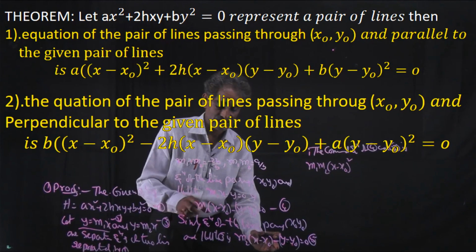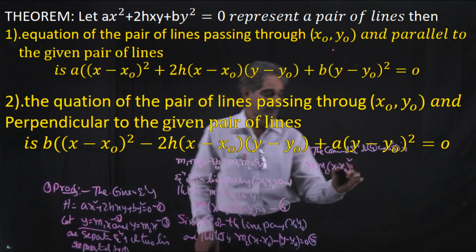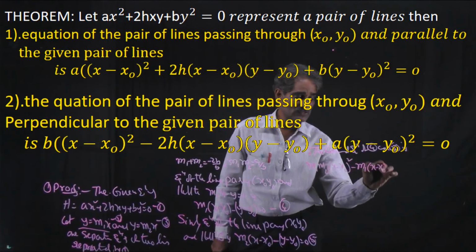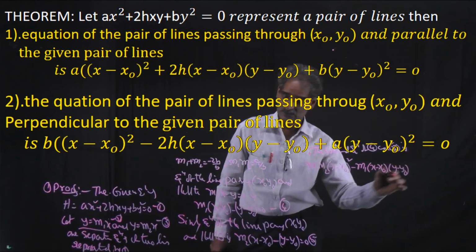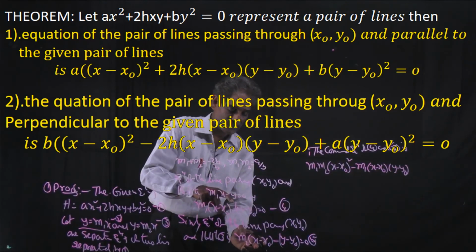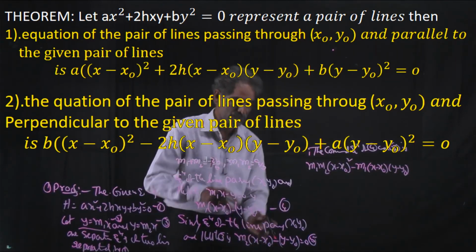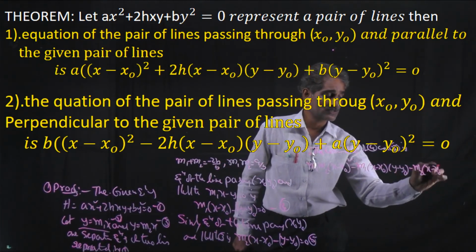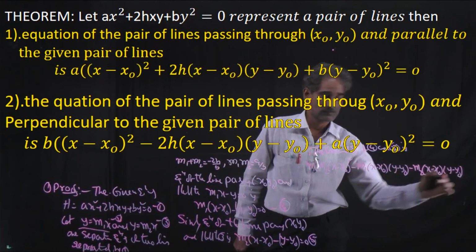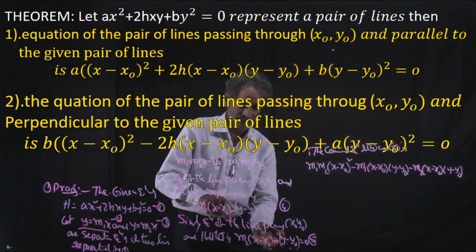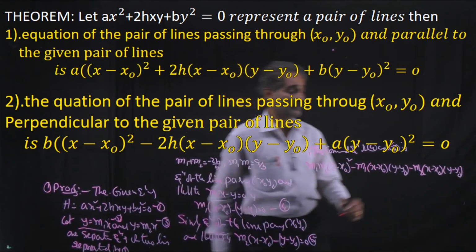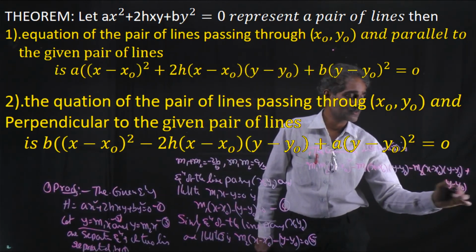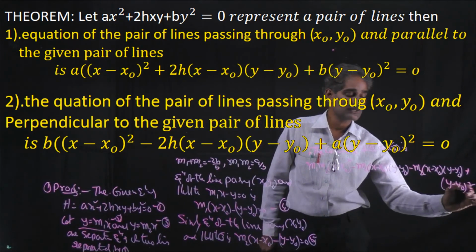Next, minus m1(x - x0)(y - y0). After that, from the multiplication of these two, again minus m2(x - x0)(y - y0). After that, minus into minus is plus, (y - y0)² equal to 0.